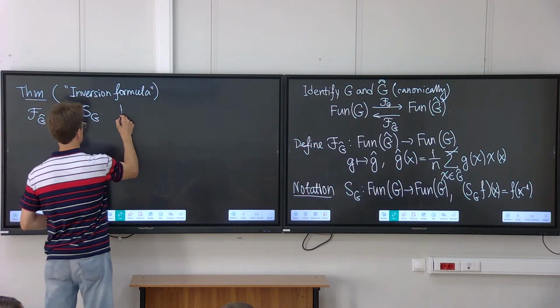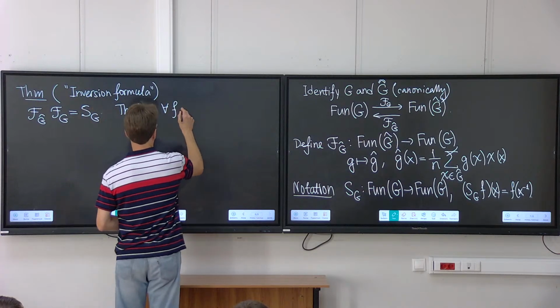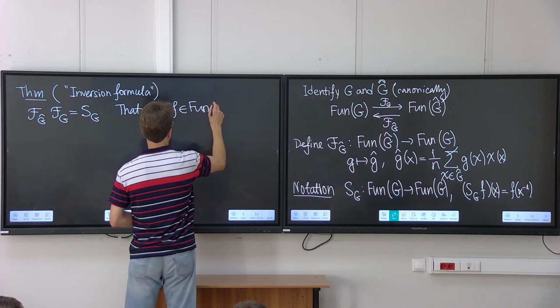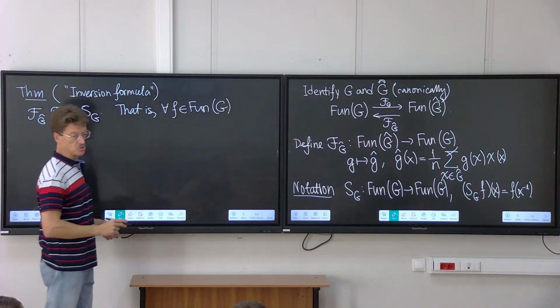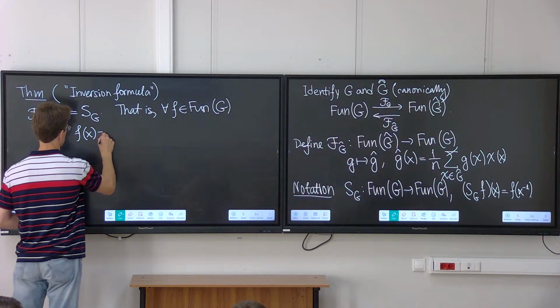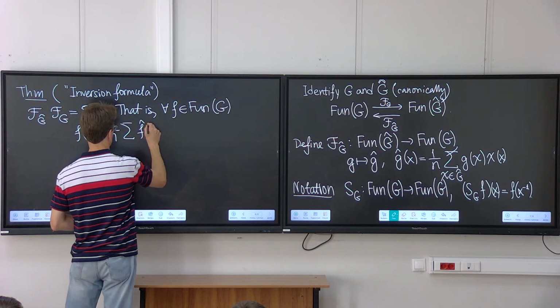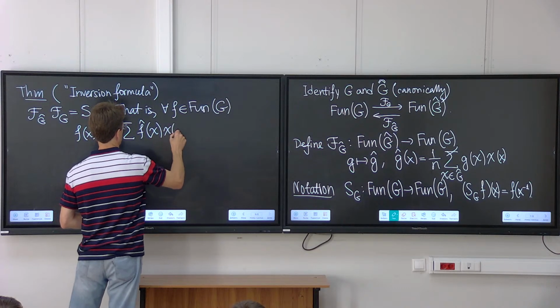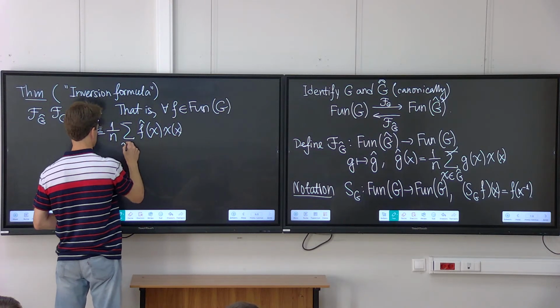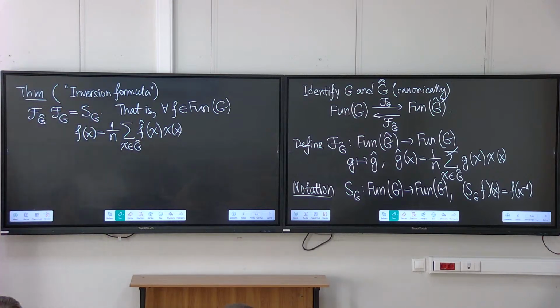In other words, every function on G can be reconstructed from its Fourier transform by means of the following formula. Well, this is not correct, because this formula means that F_G hat composed with F_G is the identical map.